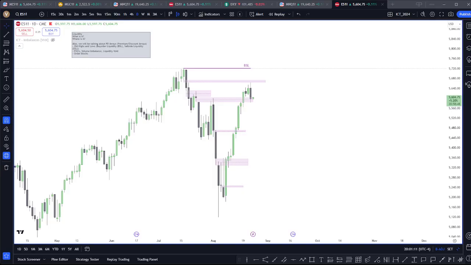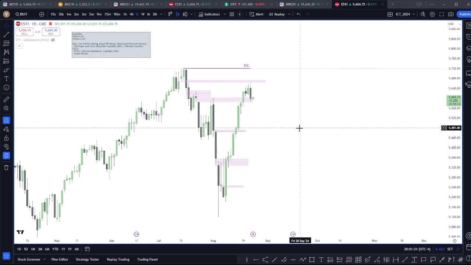I'm just trying to switch windows. Just give me a second. Okay, all right. You can see my TradingView? Yeah.